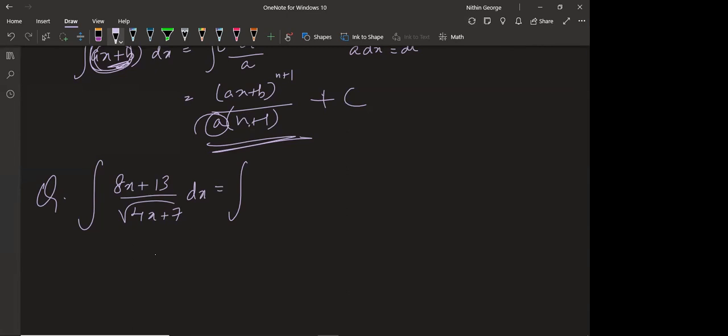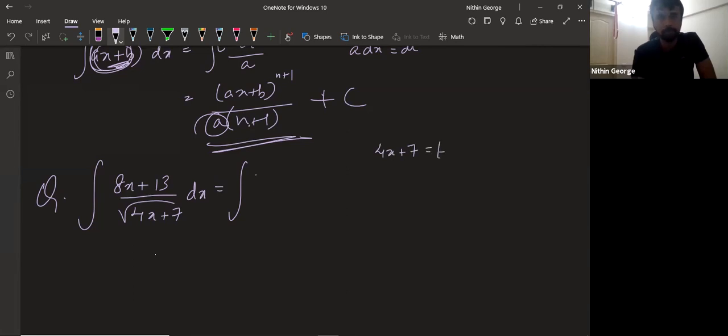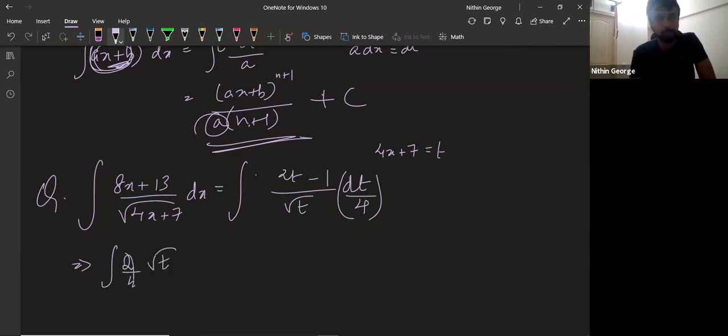So I took 4x plus 7 as t. The numerator becomes 2t minus 1, right? And then dt by 4 for dx. This is what we need to find. I split this into two parts: 2 by 4 into t by root t, which is root t, and then minus 1 by 4 into root t dt. These are two parts here.